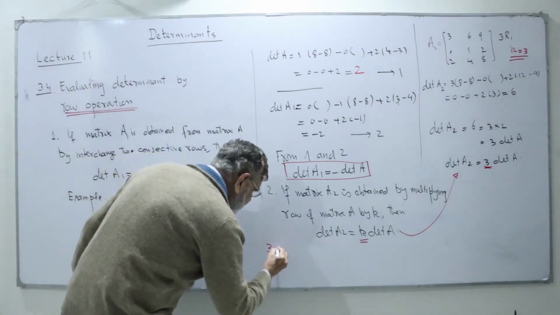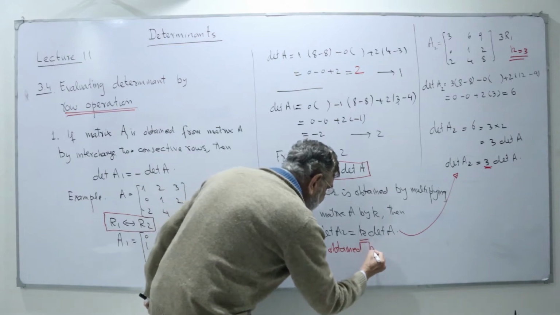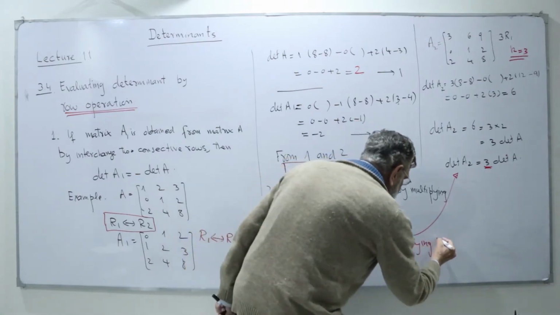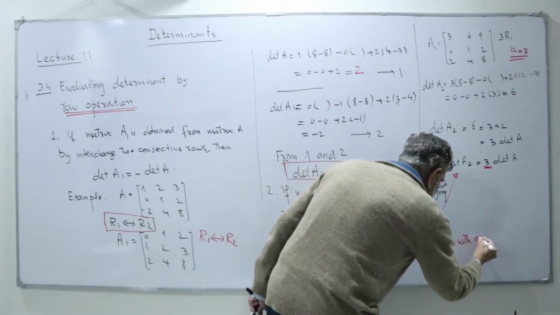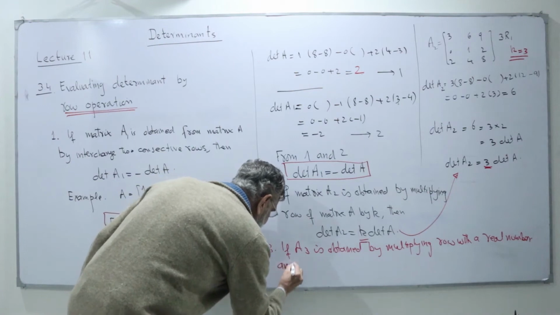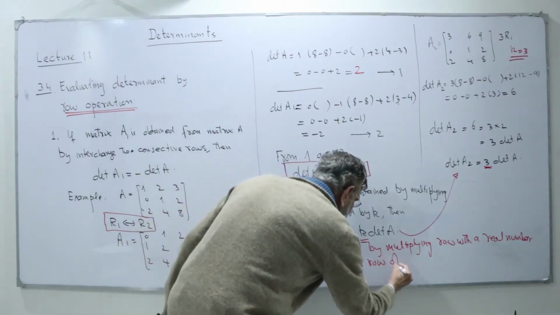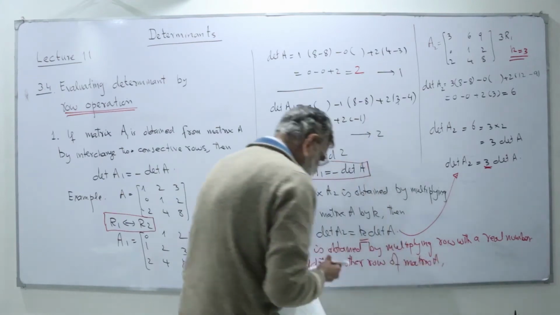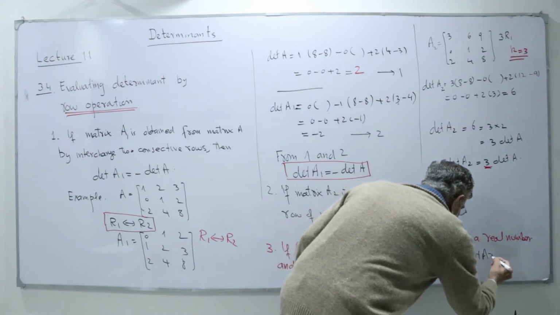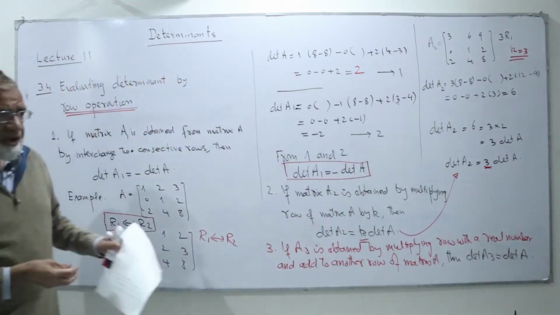Number 3, if A3 is obtained by multiplying a row with a real number and adding it to another row of matrix A, then determinant of A3 is equal to determinant of A. So the value of the determinant will not change. In this case, we say the value of the determinant is not changing.